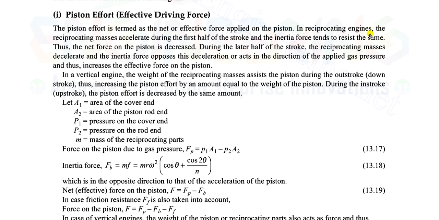In a reciprocating engine, the reciprocating masses accelerate during the first half of the stroke and the inertia force tends to resist the same. You know that the inertia force always acts in the opposite direction. So when it accelerates, the inertia force will resist, and thus the net force on the piston is decreased during the first half of the stroke.